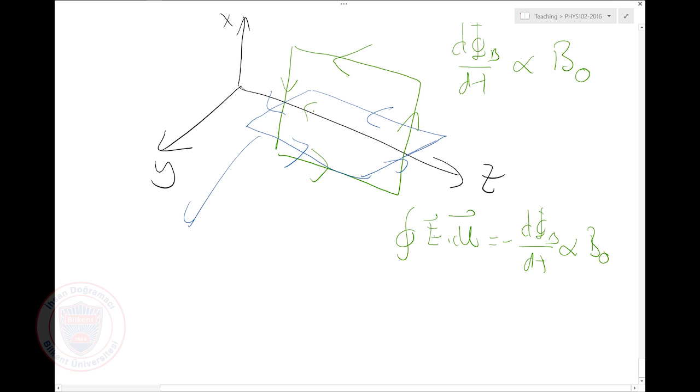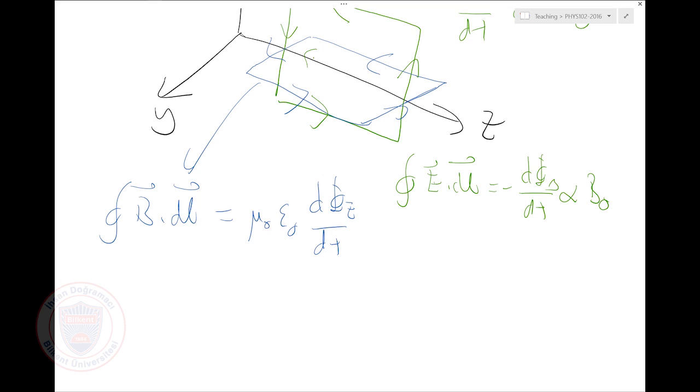And on that, I'm going to write the integral of B dot dl, which is going to be, there is no current anywhere, so B dot dl is just mu 0 epsilon 0 d phi E dt. And this d phi E dt must be proportional to E0. Right? That's the strength of my electric field there.